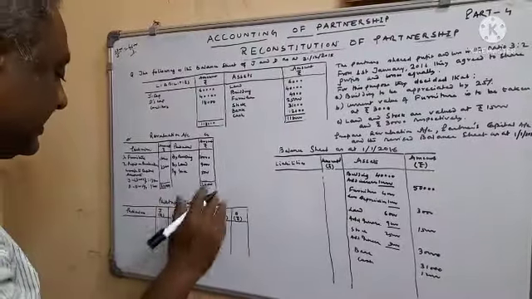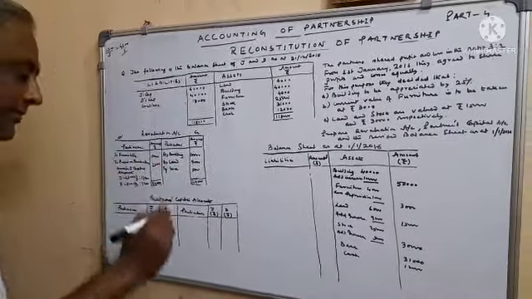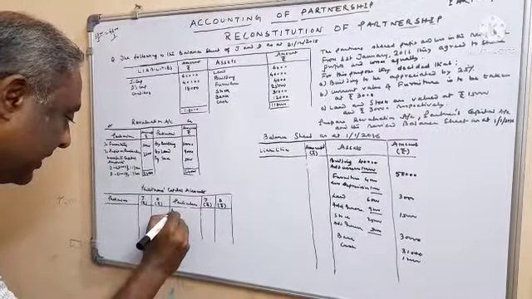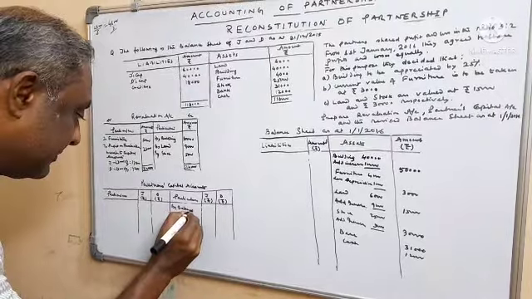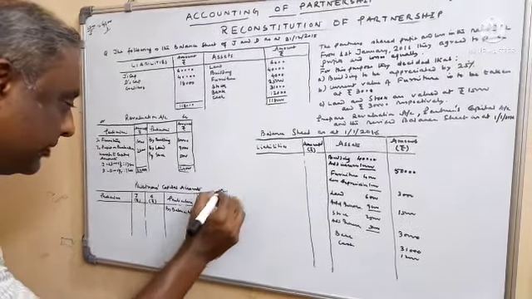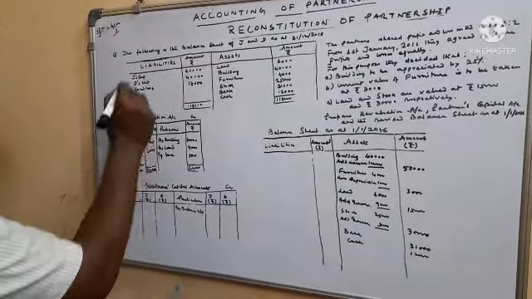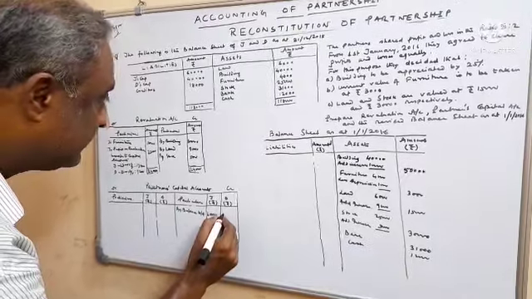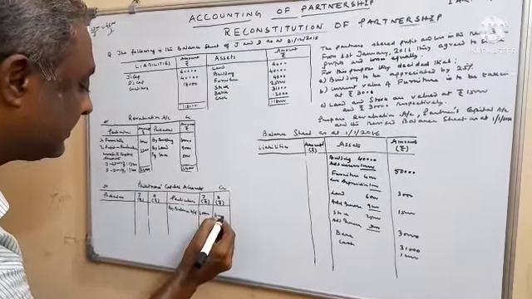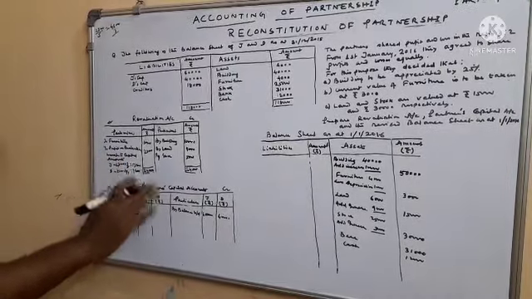We have to prepare partner's capital. Partner's capital balance how much given? 60,000, 40,000 by balance BD. We have to keep in mind capital always credit balance. So credit side we should write the balances. Now profit will be transferred to capital account.